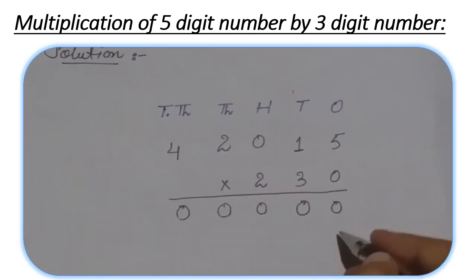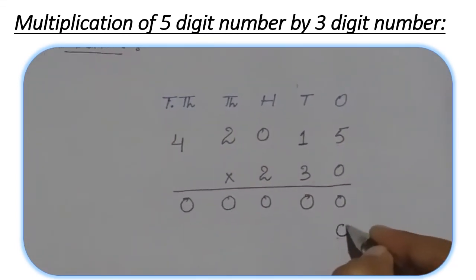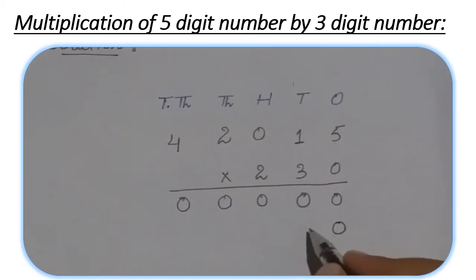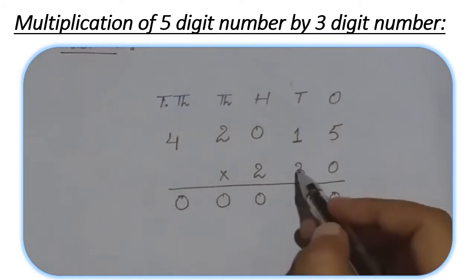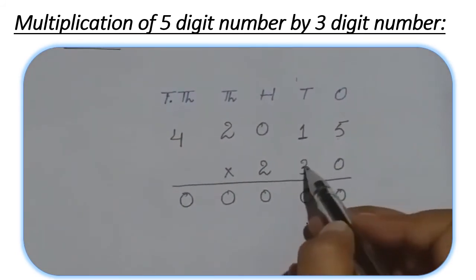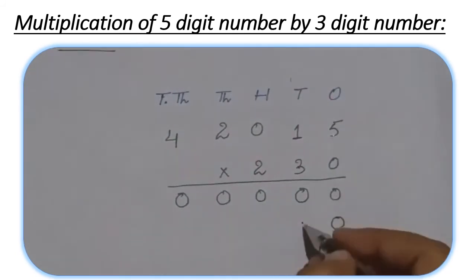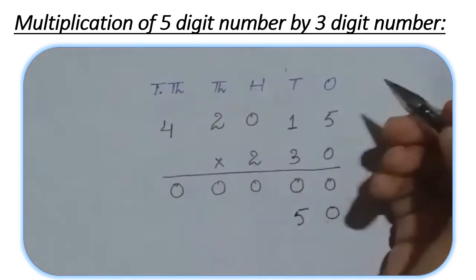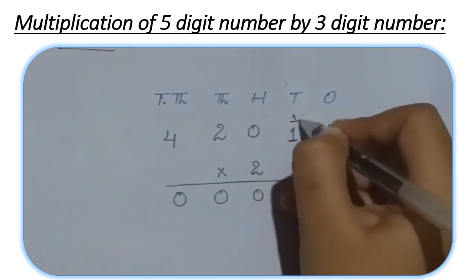In the second step, as you know, we place 0 in the ones column and we start multiplication from the tens column. So start. 3 multiplied by 5 is equals to 15. So we will write 5 here and 1 will be the carry.